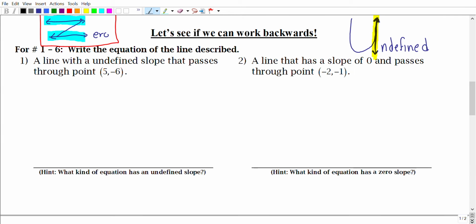All right, so now what we're going to do is the exact opposite, or we're going to work in the opposite direction. We're going to write the equation of the line described. If we have a line with an undefined slope that passes through the point 5, -6. Let's take a look at that first part though. It says an undefined slope.